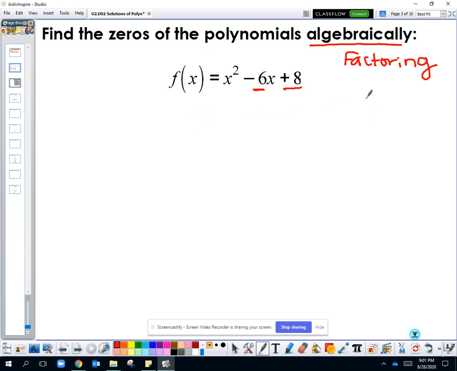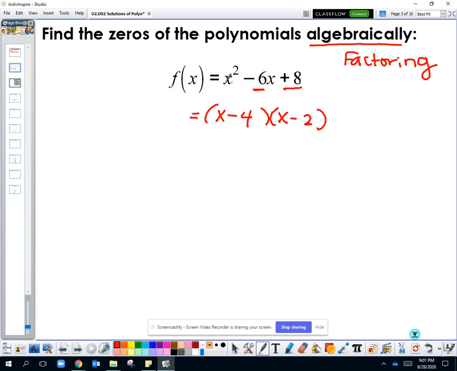Some people use a little box method to calculate this, but what we're really looking at is placing this into two binomials. And so I know x will be the first term. When I'm foiling it back together, I get x squared. And then two factors of +8 that give me a sum of -6 would be -4 and -2.